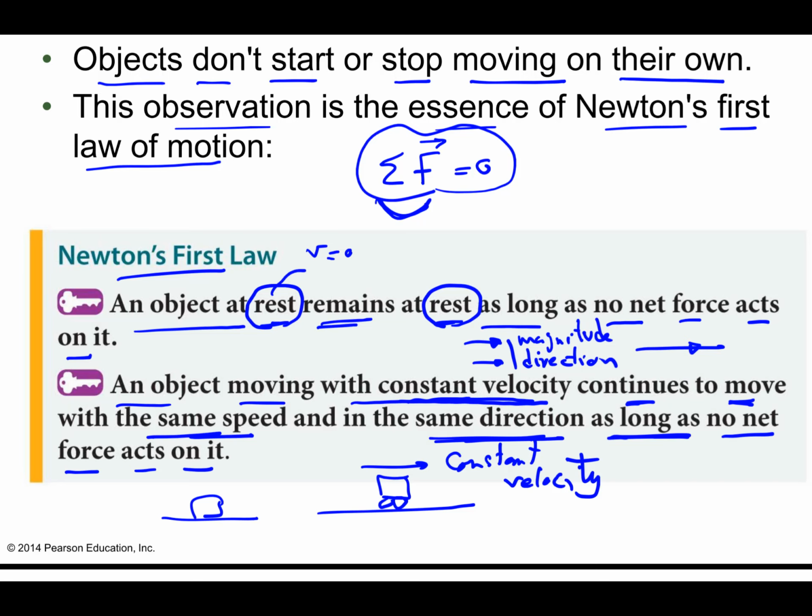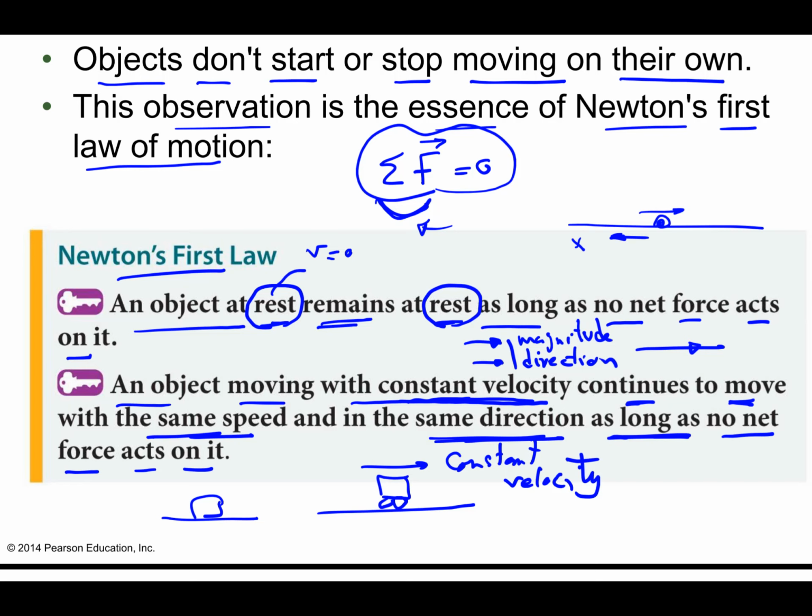Keep in mind, when you have a table and you start to move something on it, after a while it stops. It stops because there is a force of friction acting in the opposite direction. So we can't apply Newton's first law here because there is a force of friction, and we said that the net of forces equals zero.